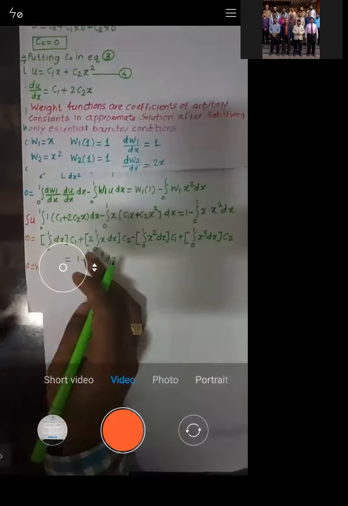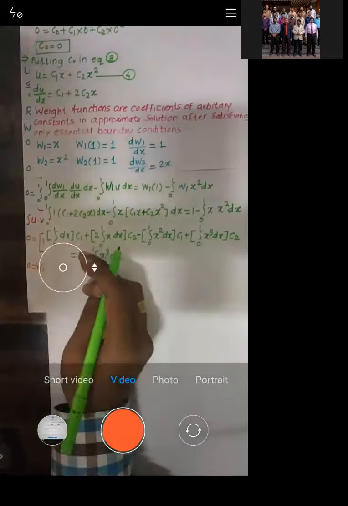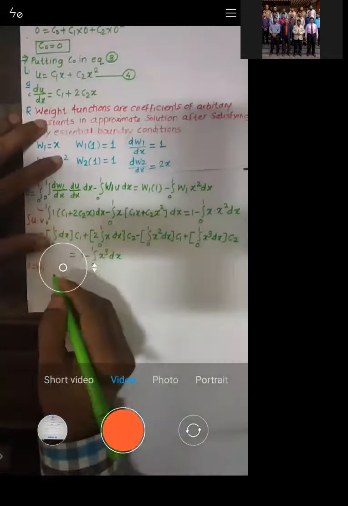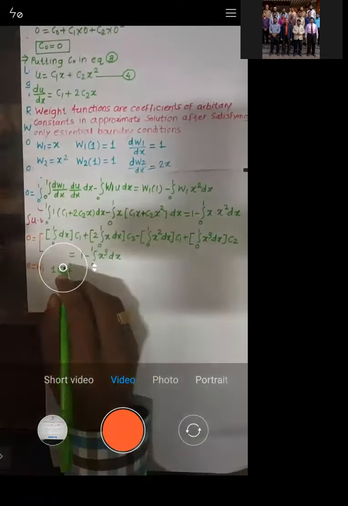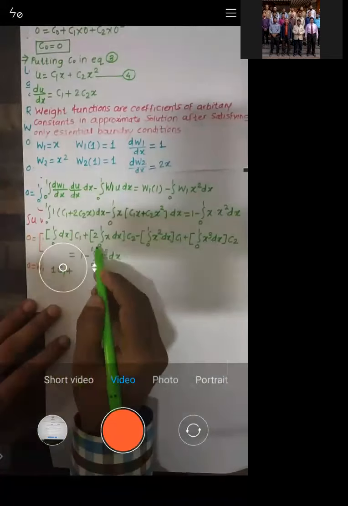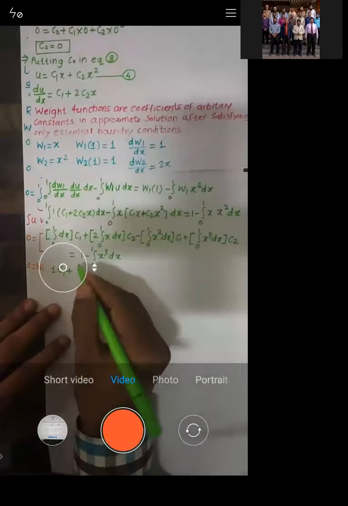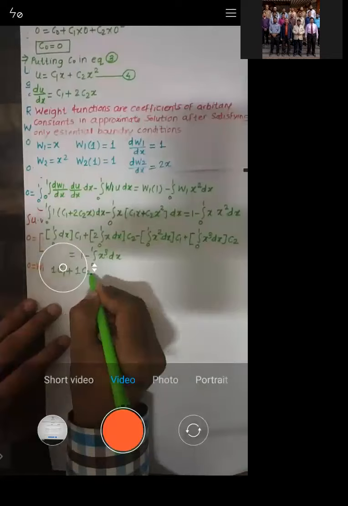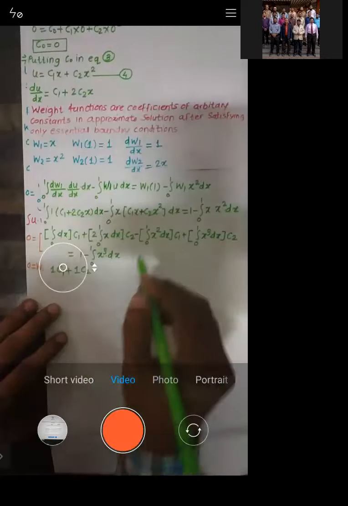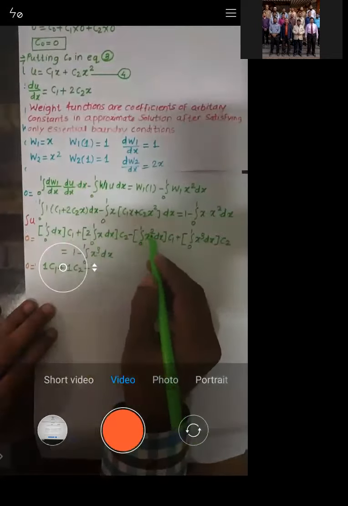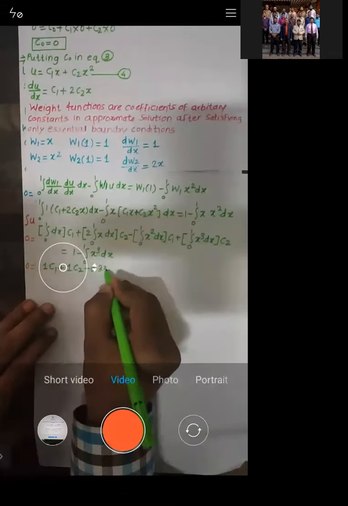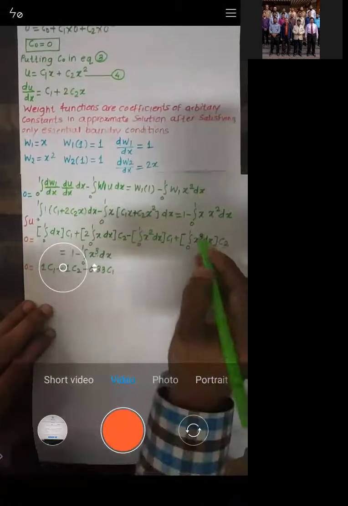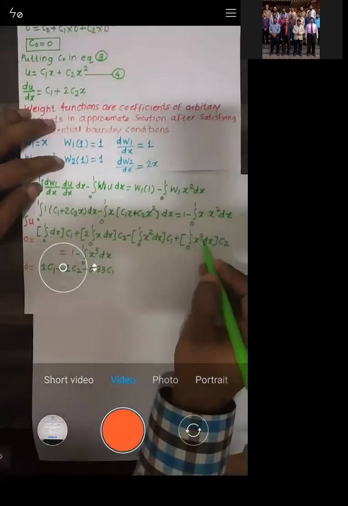The integration of dx is x for limit 0 to 1, so this will come as 1 only, right? So you will get 1c1 plus, when you do 2 integration 0 to 1 x dx, you will get 1c2, minus the integration 0 to 1 x square dx. Do it in a calculator and you will get 0.33 c1. This is x raised to power 4 by 4.